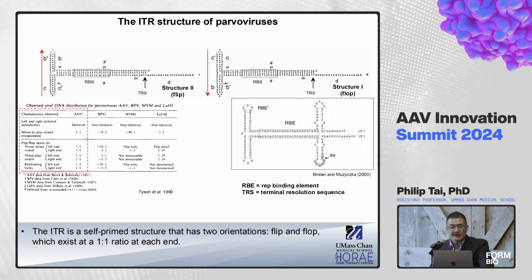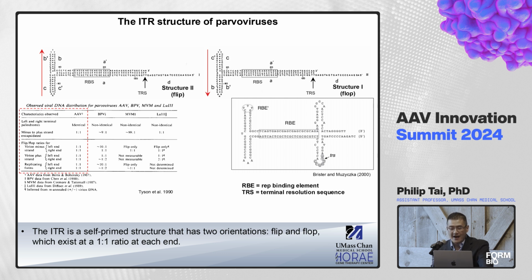And what you actually get is a very unique feature of AAV, where you get these two configurations, flip and flop. What's unique about AAV is that they have these ratios at 1:1 that are independent of one another. And so you get this 1:1:1:1 ratio of the flip and flop combinations, whereas the other parvoviruses don't seem to have this sort of equal distribution.